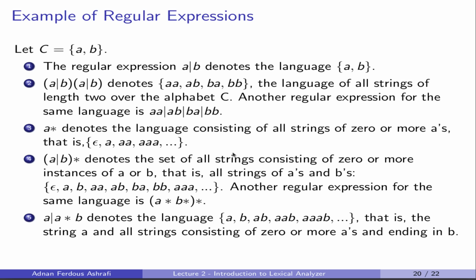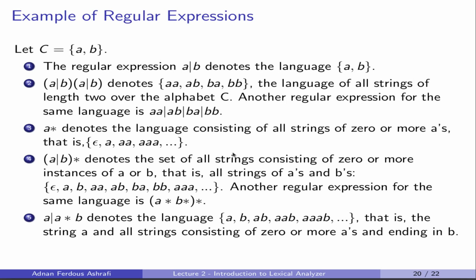Okay. Fourth, another example, (A or B) star. So (A or B) star denotes the set of all strings consisting of 0 or more instances of A or B. That is all strings of A's and B's. So there can be epsilon, A, B, AA, AAA, AB, BA, BB, BBB, and so on, right?